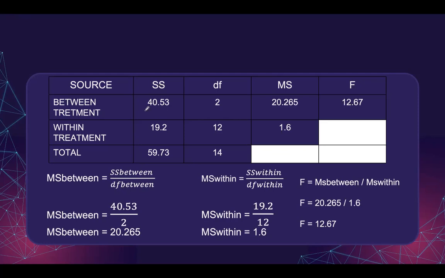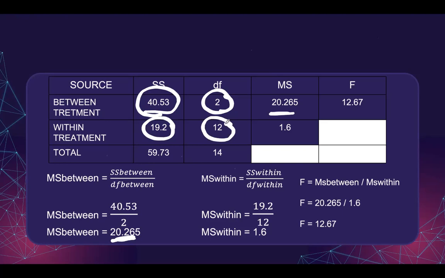So ito yung sum of squares ng between treatment or between the group, divided by 2 kasi yung degree of freedom din niya. So we will get 20.265. Tapos within mean square within the group is the sum of squares of within the group divided by the degree of freedom within the group, equals to 1.6.